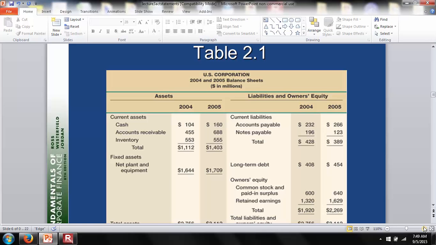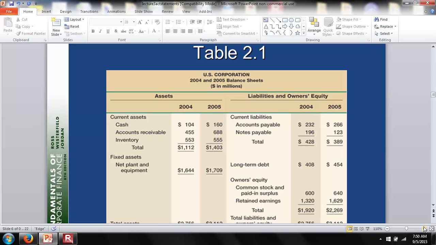It is 160 in 2005. The accounts receivable is 455 in 2004 and 688 in 2005. The inventory is 553 and 555. And the current assets are 1,112 in 2004 and 1,403 in 2005.